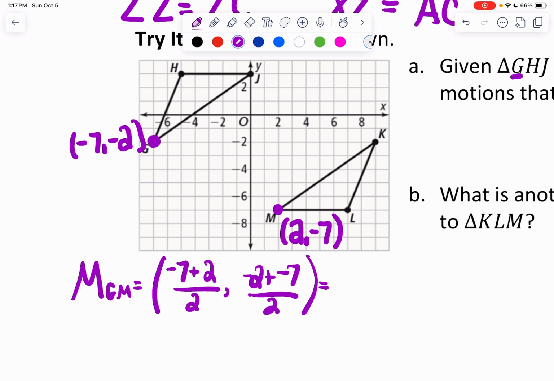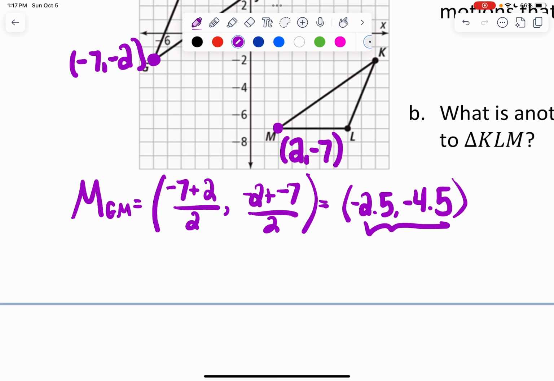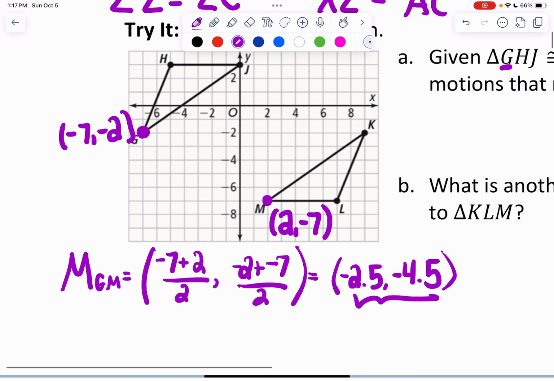And so what I would get is a decimal, negative 2.5, comma, negative 4.5. And what I would do is plot that. So applying that just roughly, it's like right here. That's your midpoint. And then what I would do is connect those two through the midpoint.